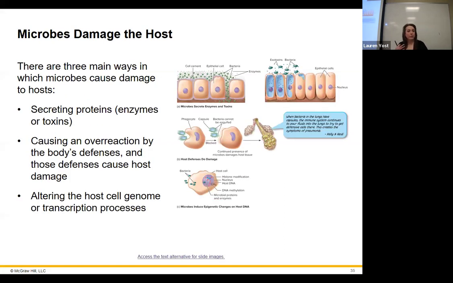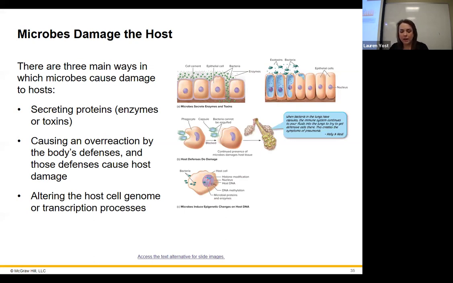Let's see. We have guys that can make proteins. We said the collagenase before, if you don't remember that one, breaking things down to get in between the cells and the tissues to get to their next location. There's a lot of enzymes they can make like that, okay? Then we have overreaction by the body's defenses. That's what causes the damage to the tissues.